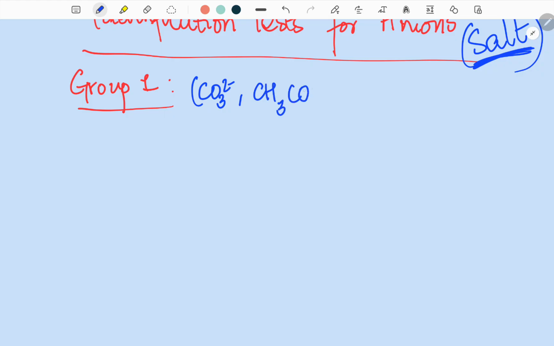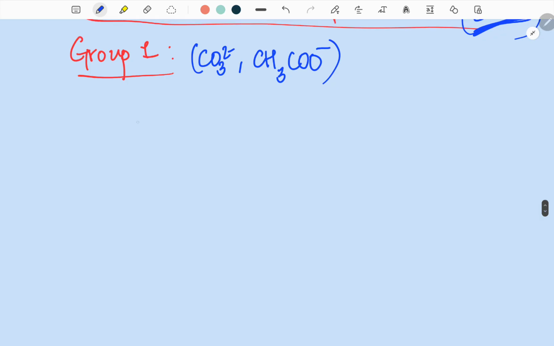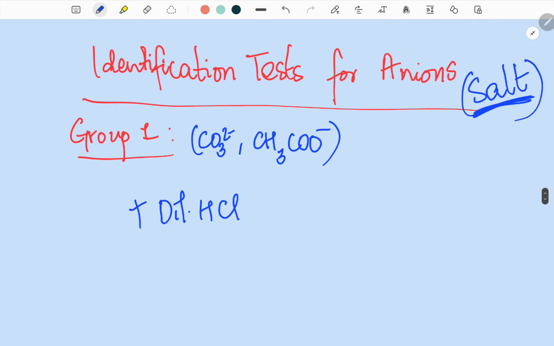So first we have to discuss carbonate. For carbonate, what you can do is, to the salt, you need to add dilute HCl. Again, I am repeating, we are adding dilute HCl to the salt. We are always performing the test for identification for anions using the plain salt. Remember this, plain salt. Only one ion requires salt solution, and I will be telling you why that ion requires it when I reach that.